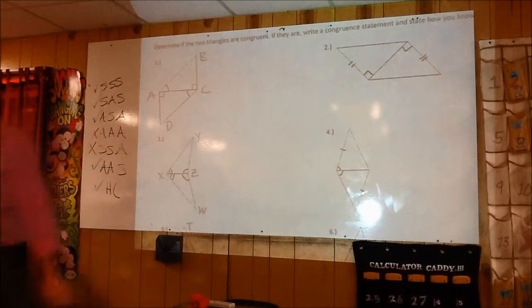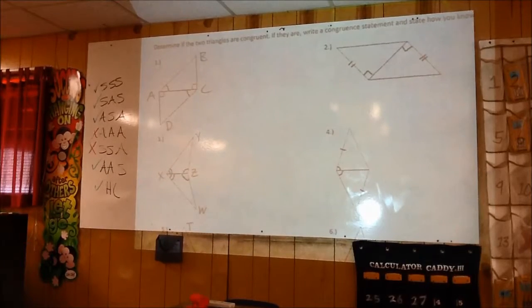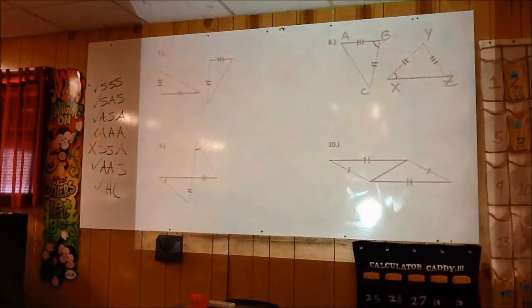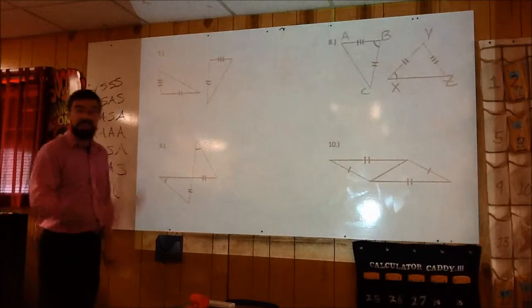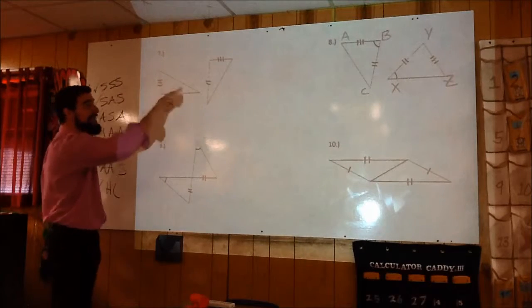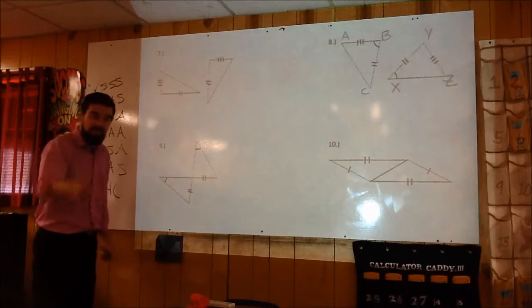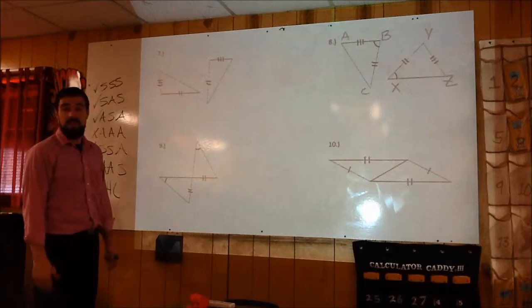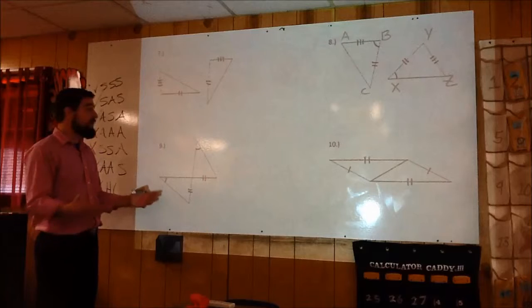Alright, moving down to the next four. We're going to go a little bit faster with these because I think we're starting to get the hang of it. Number 7. Is there anything that we can add to this diagram that we can justify? We can say, hey, this part is congruent to that corresponding part because of this reason. Is there anything we can add? No. They don't share anything. There's no vertical angles.